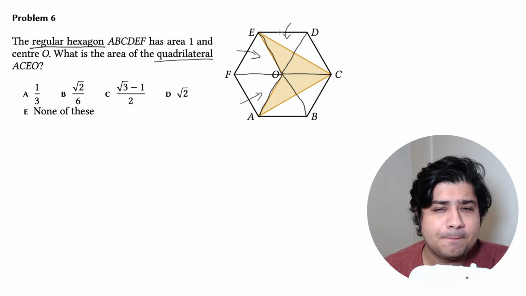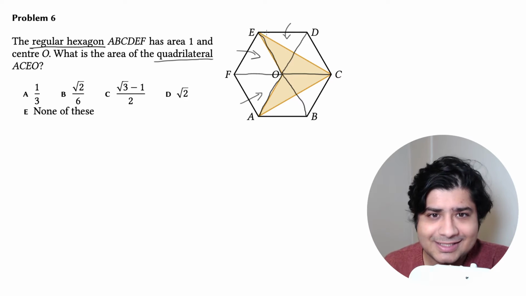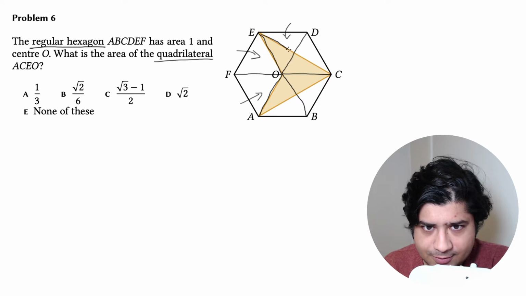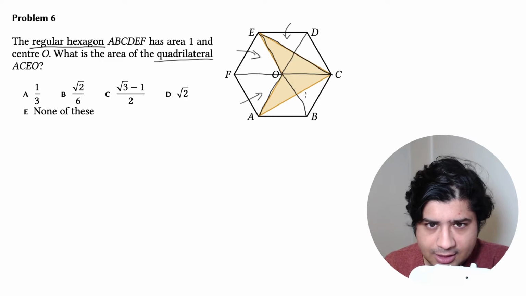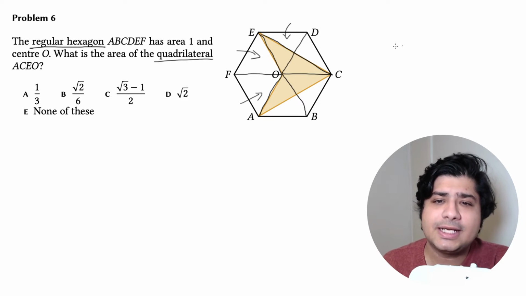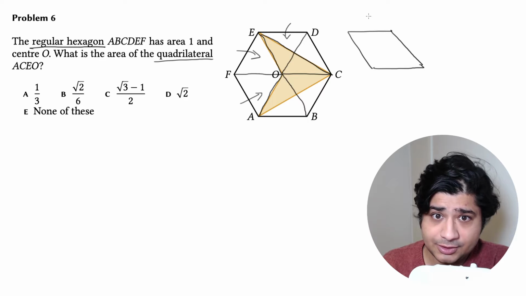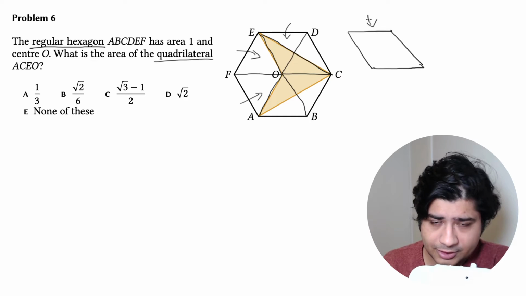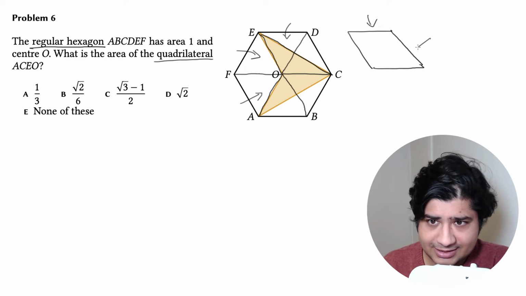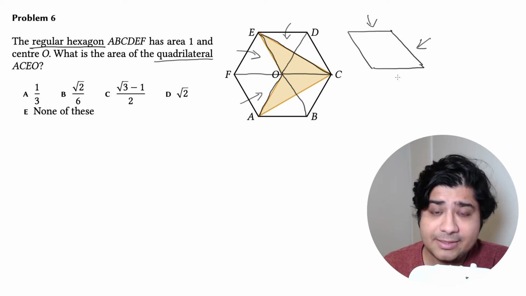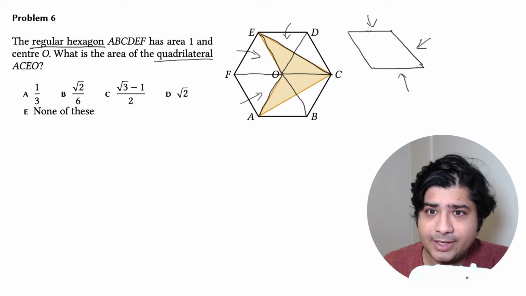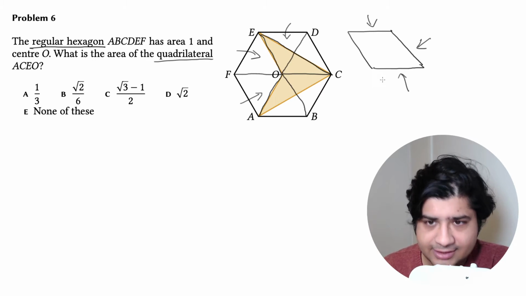Okay, well, the shape that we're looking for is this one right here. And so what can I say about this shape right here? Because this side is the same length as this side, and the same length as this side, obviously, right? Because these two are parallel and exactly the same.